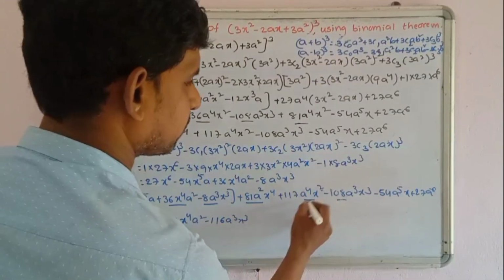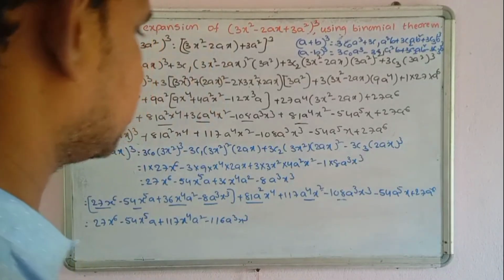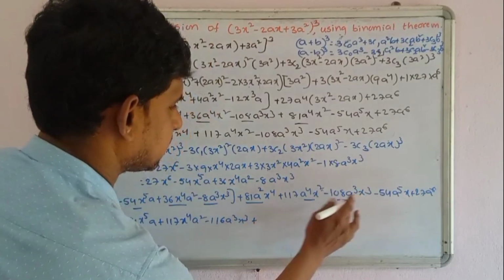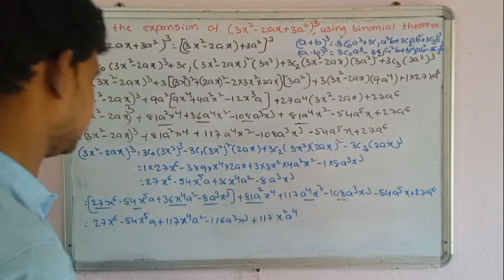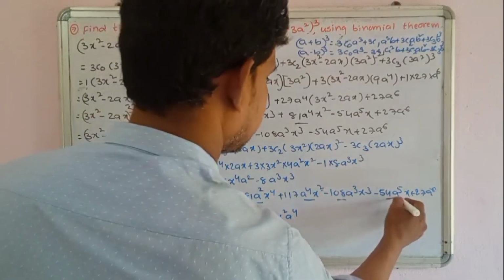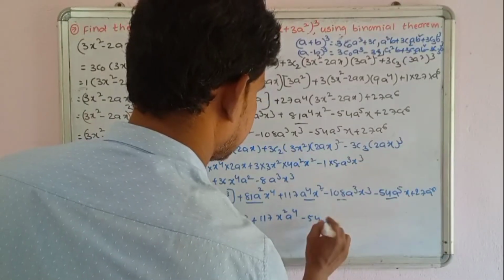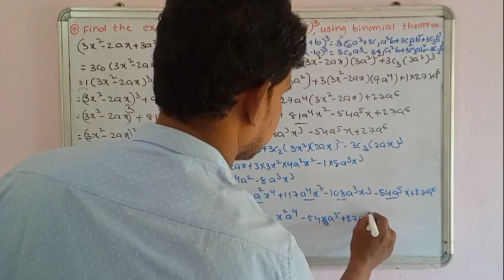Here x²a⁴, still x²a⁴, so only one x²a⁴. So 117x²a⁴. Okay. Next, this one, next x terms: minus 54a⁵x, that means xa⁵. So finally 27a⁶.